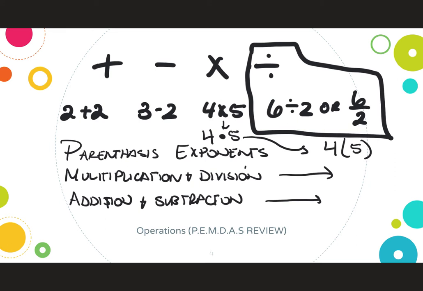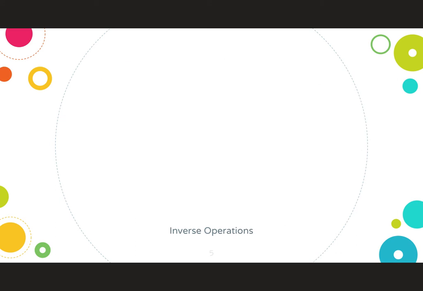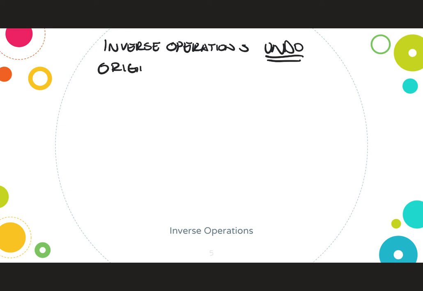Now, what we want to start talking about, what's really important is, what's an inverse operation? So an inverse operation, I'm going to write a definition. Inverse operations undo original operations.